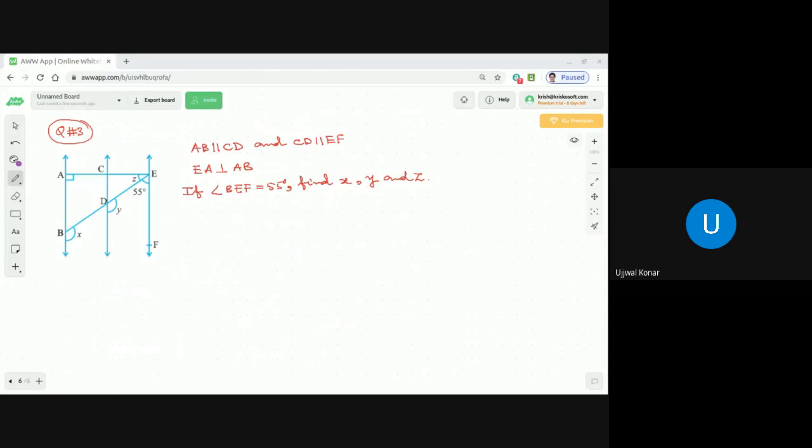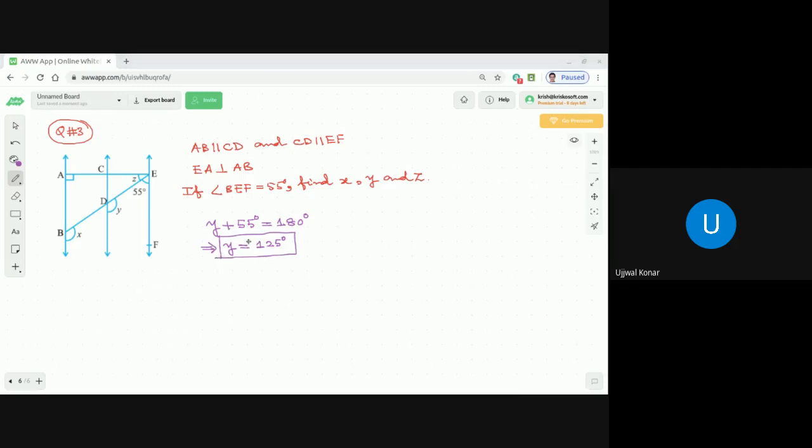So Y plus 55 degrees is equal to 180 degrees. So the value of Y we find easily as 180 degrees minus 55 degrees, that is equal to 125 degrees. So the value of Y, we found it out.